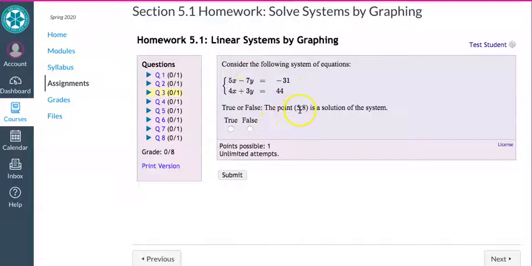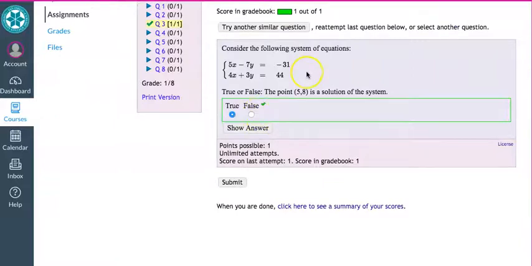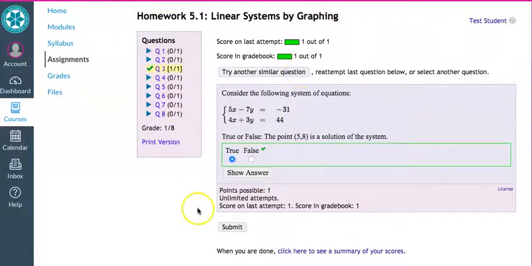So if x is 5 and y is 8 and I plug it in, 5 times 5 is 25, minus 7 times 8, which is 56. 25 minus 56 is negative 31. That looks good. You also have to plug the x and y values into the other equation. 4 times 5 is 20, and 3 times 8 is 24, and 20 plus 24 is 44. So yep, it's true. You submit it, and you get a green check mark. I got it right. That's one of the problems.